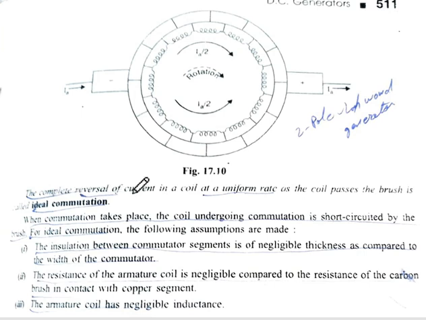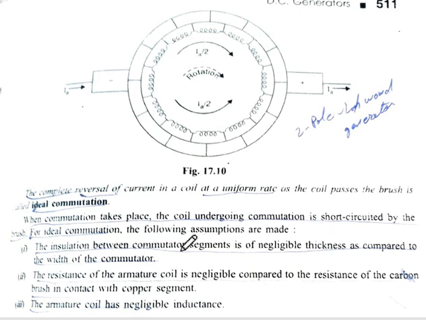The complete reversal of current in a coil at a uniform rate as the coil passes a brush is called ideal commutation. When commutation takes place, the coil undergoing commutation is short-circuited by brush. For ideal commutation, the following assumptions are made.